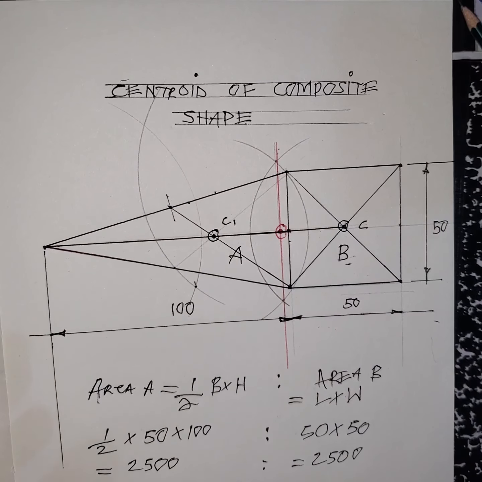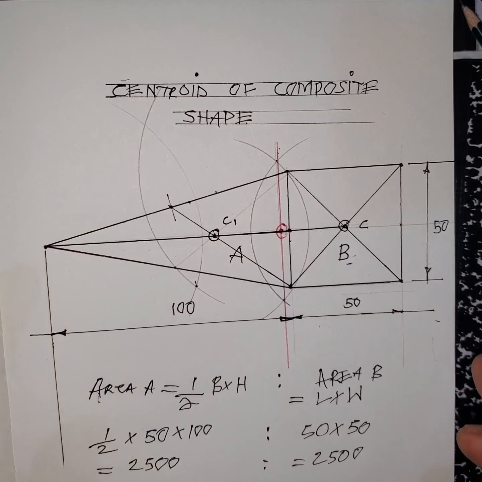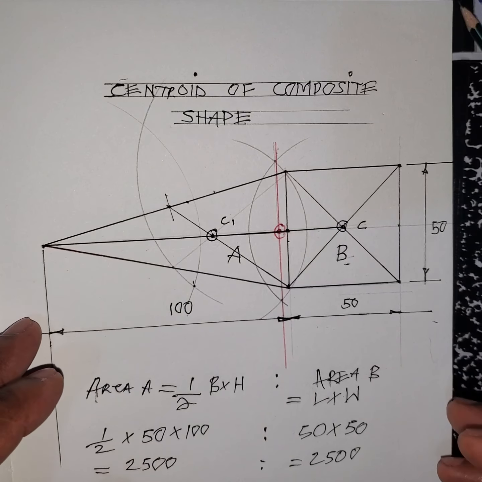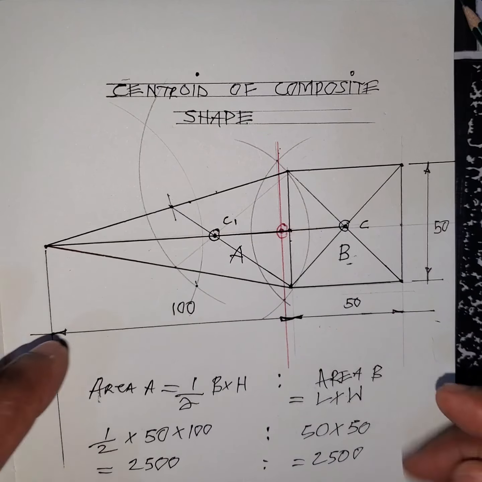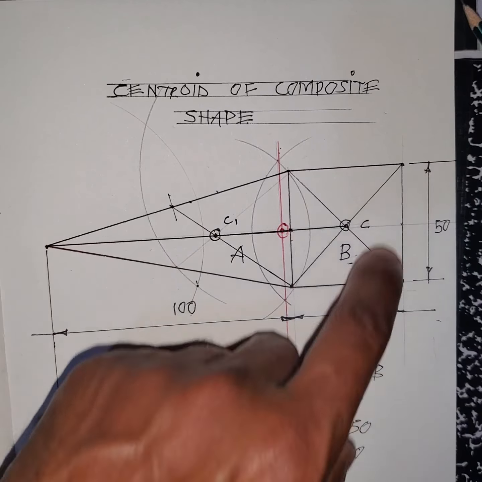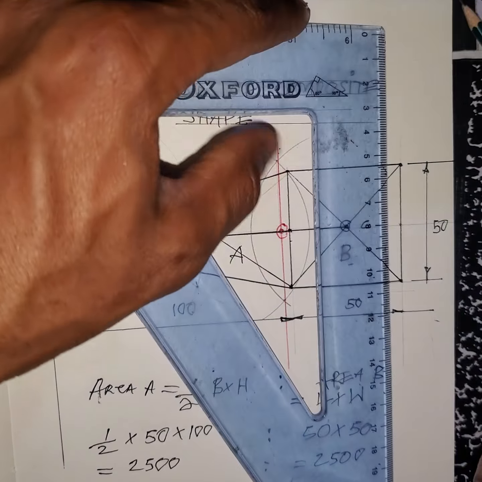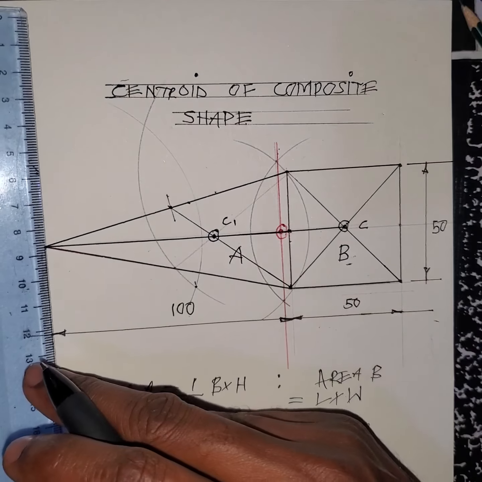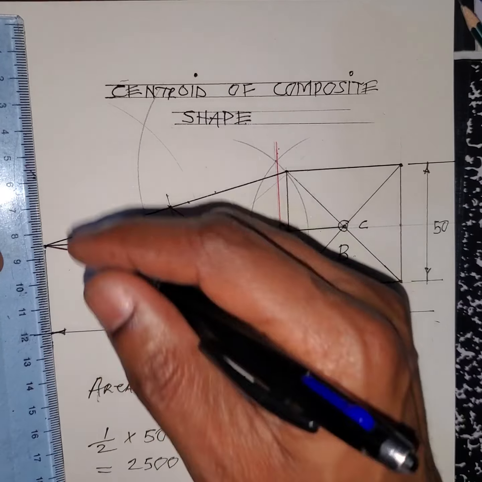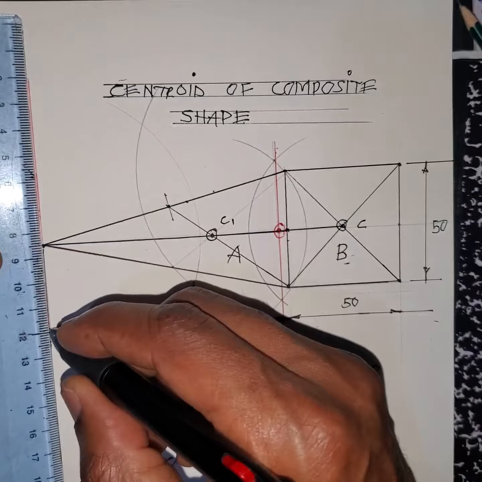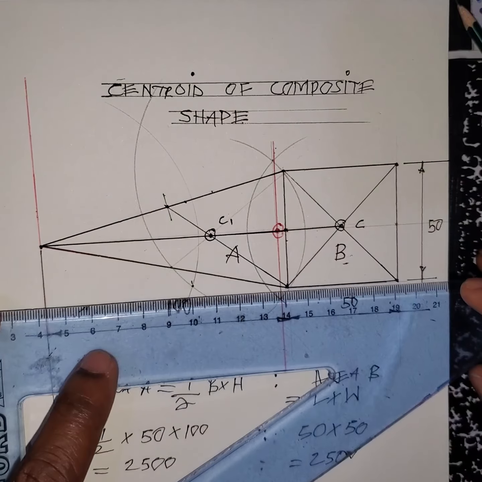Again, the principle is that whenever you're given a composite shape like this, I need to establish the x and the y. The x and y could have been here, or y could have been here and x could have been here.